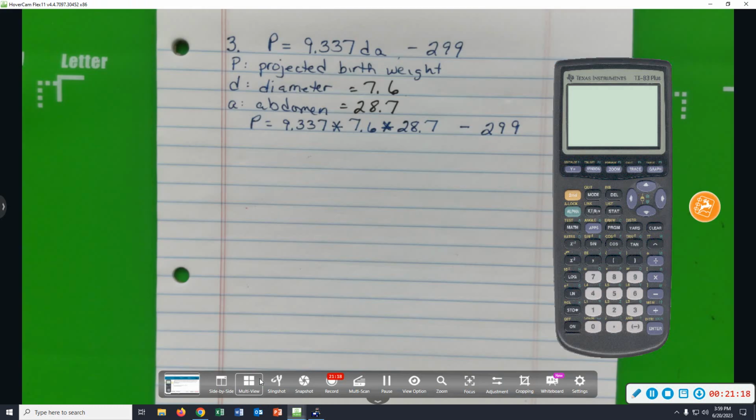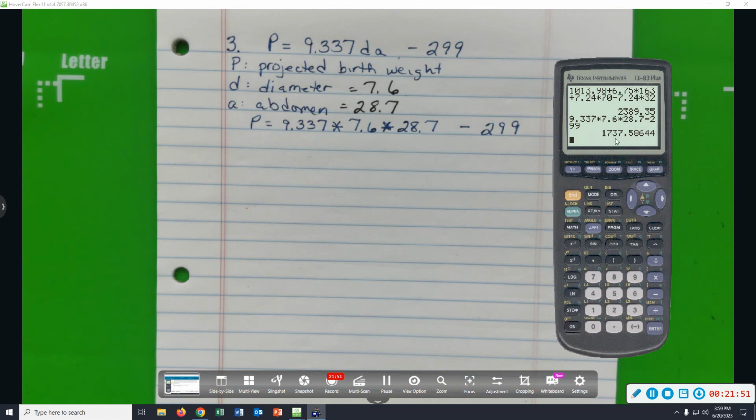Actually, we'll keep that showing. So I'm punching in 9.337 times D, 7.6, times A, 28.7, subtract 299. Now this should be the weight of a newborn, so you shouldn't expect a negative number.